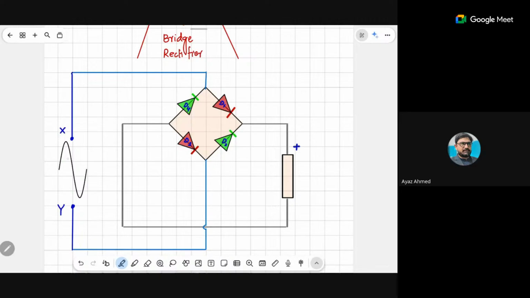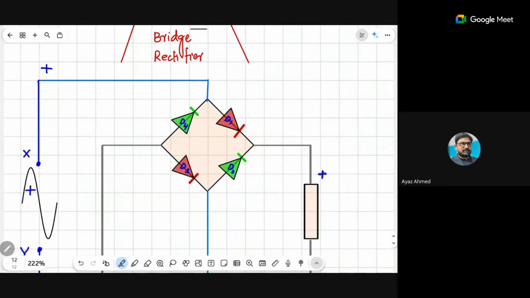When I consider the positive half cycle, this positive half cycle will appear at end X. When this positive half cycle appears at end X, how will it work?